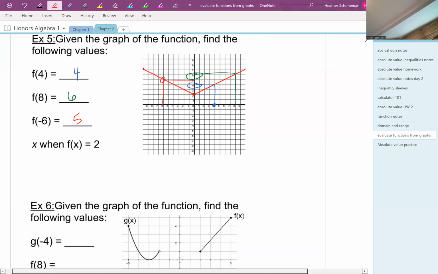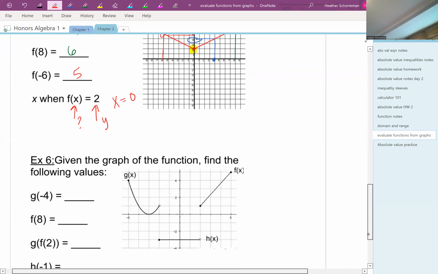Very straightforward. The other one that's different is this: the x is unknown, and this is our y. So just go backwards from what we did. So if y is 2, that's right here, what the x is. Well, it's just right there on the axis. So x has to be 0.